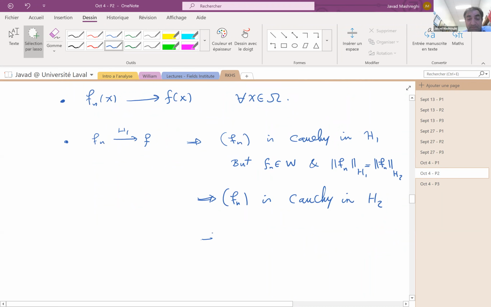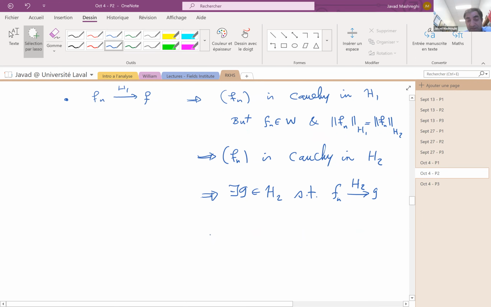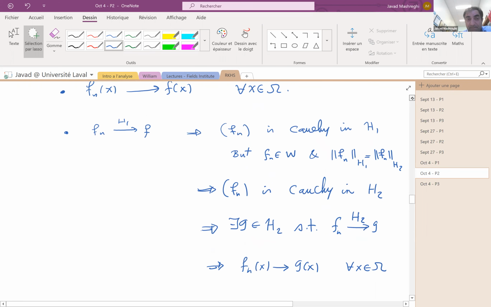H2 is complete. So there is a G in H2 such that Fn converges to G in H2. Again, using the fact that convergence in norm implies pointwise convergence, this implies that Fn of x goes to G of x for every x in omega. And now compare this with this one.